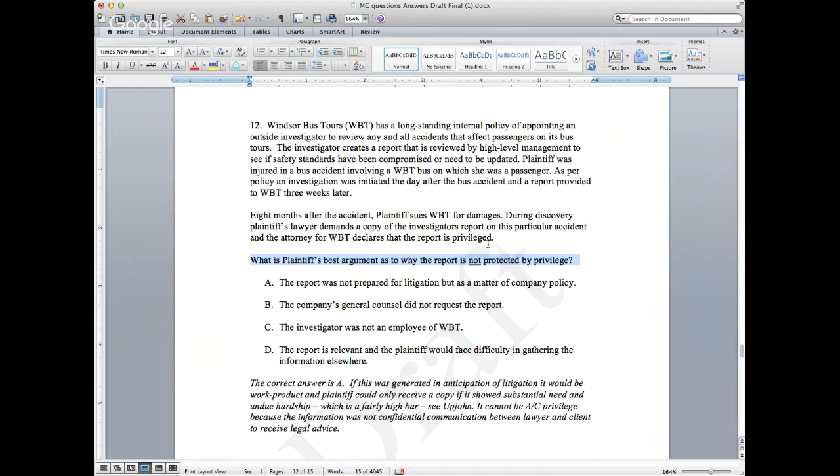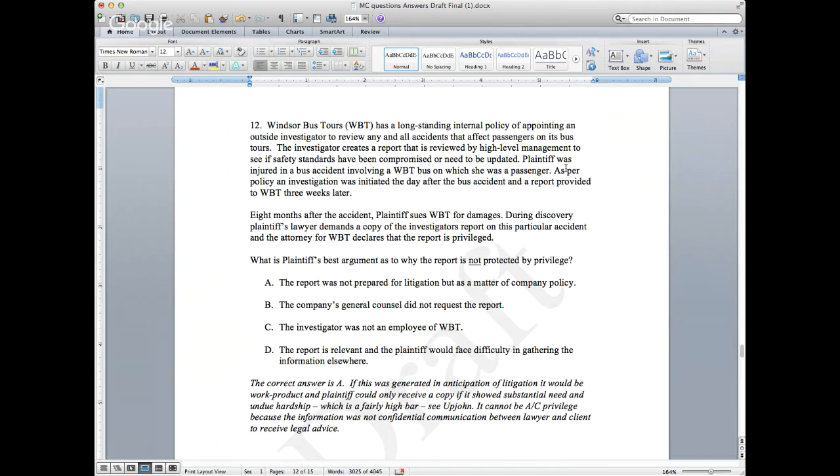Windsor Bus Tours, WBT, has a long-standing internal policy of appointing an outside investigator to review any and all accidents that affect passengers on its bus tours. The investigator creates a report that is reviewed by high-level management to see if safety standards have been compromised or need to be updated.